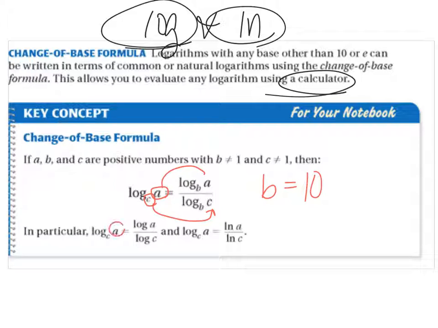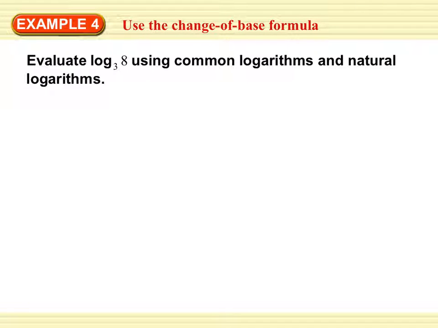Like here we have log base c of a is log a over log c. If I make that a base e, I can use the natural logs. It doesn't matter, you're going to get the same answer, but you want to make your base something that a calculator can calculate.